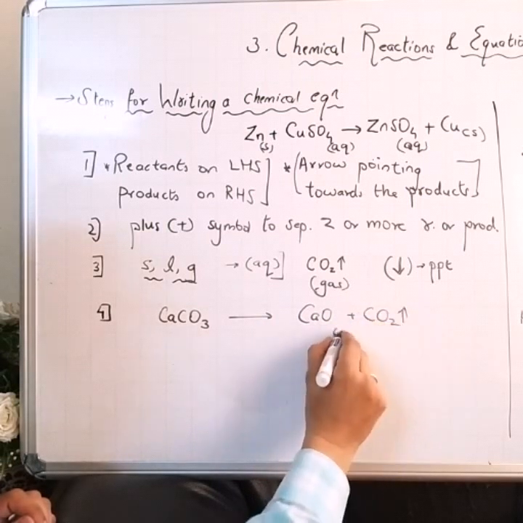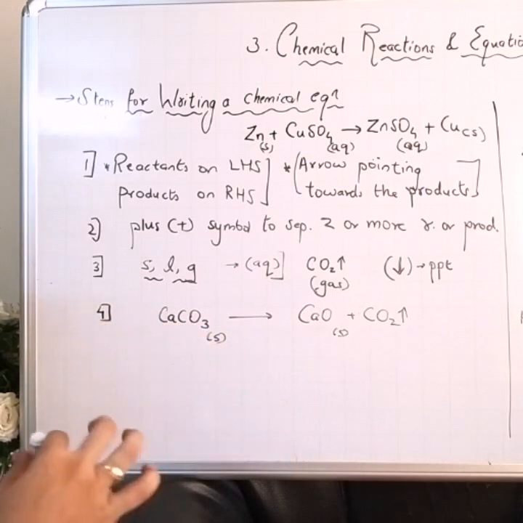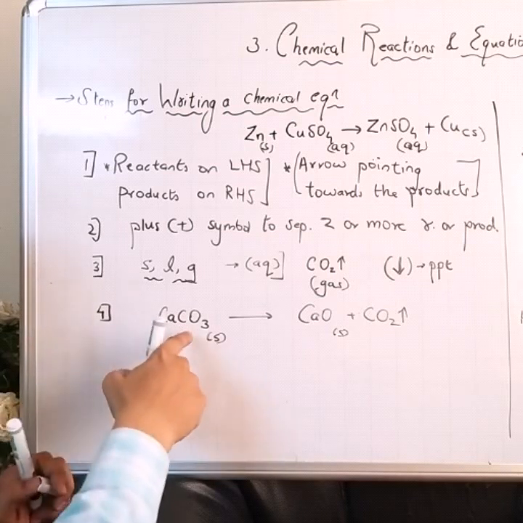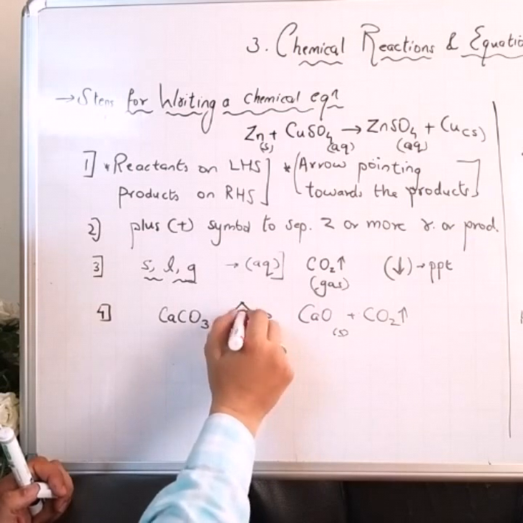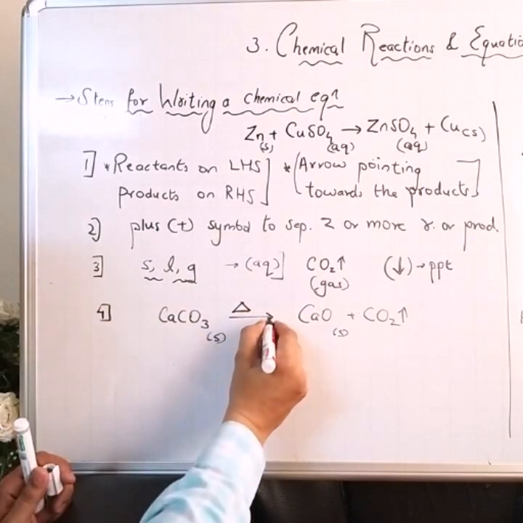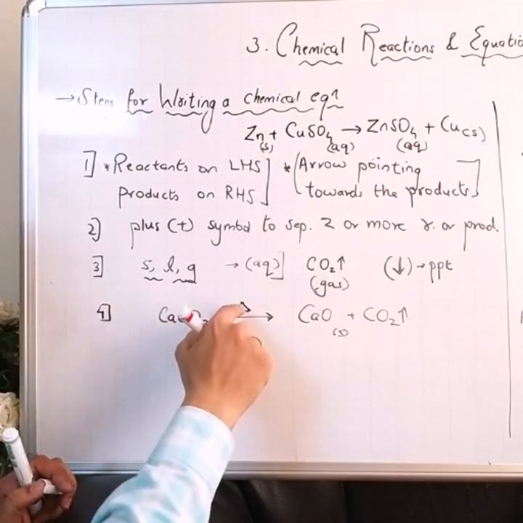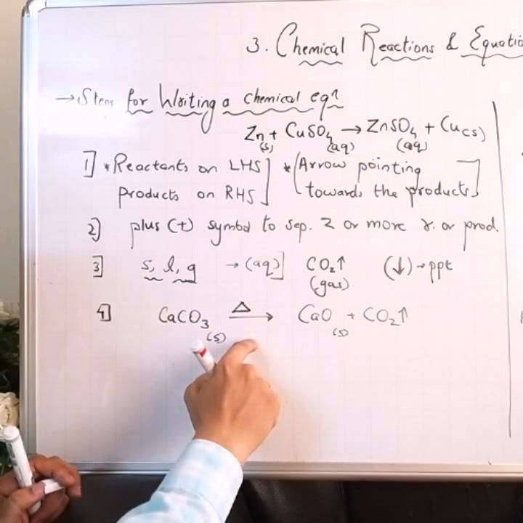Okay. Over here, the reaction cannot be completed without supplying heat, and since heat is supplied, I will put a triangle above the arrow which is separating the reactants from products. So a triangle is put where heat is supplied.